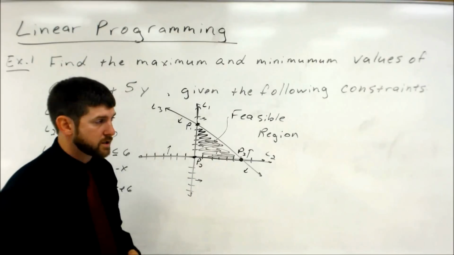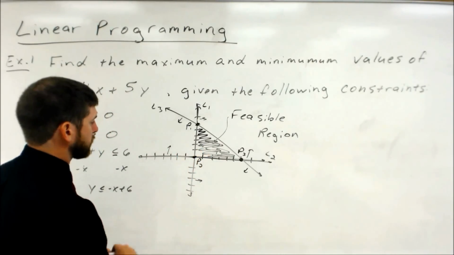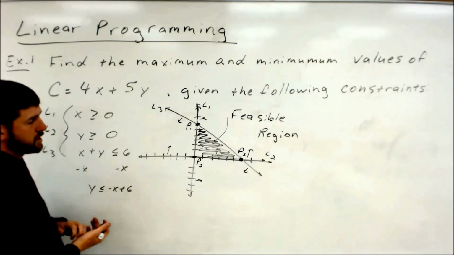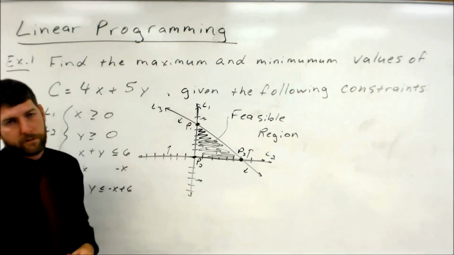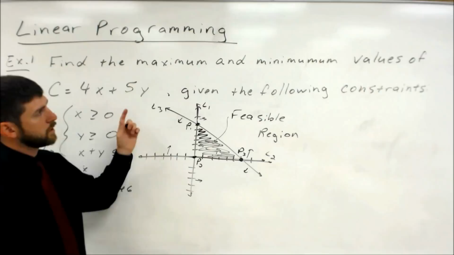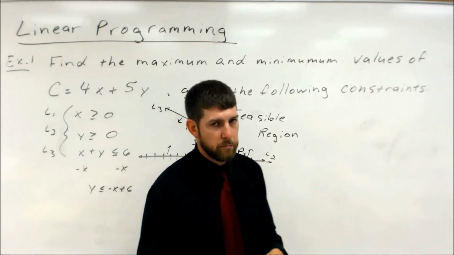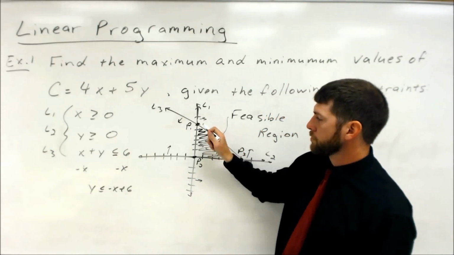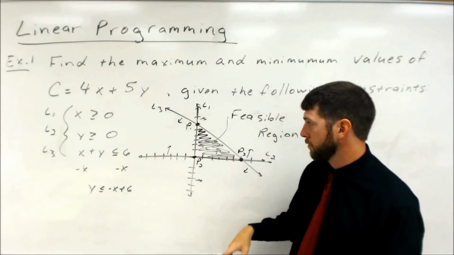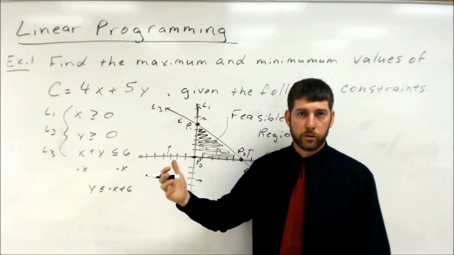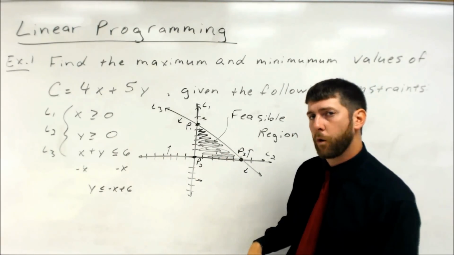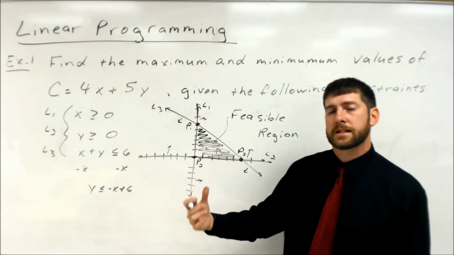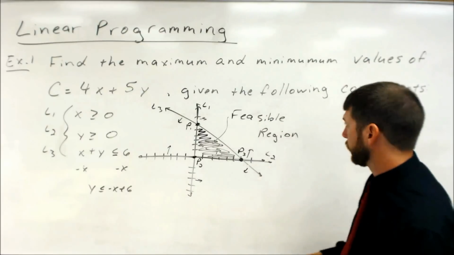Next step, after we've identified our feasible region by graphing and solving our system of inequalities, we want to identify those vertices. Because the way linear programming works is the maximum values can only occur at the most extreme points. That goes for minimum values also. So the optimal values, ones that give us a maximum or minimum, can only occur at the vertices. So that's the next step in the process. We're going to identify those vertices.